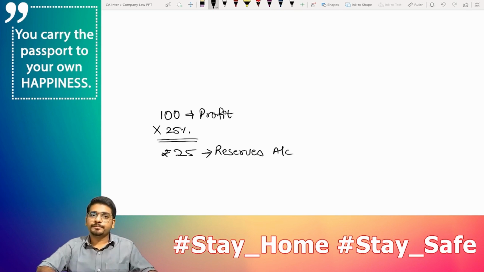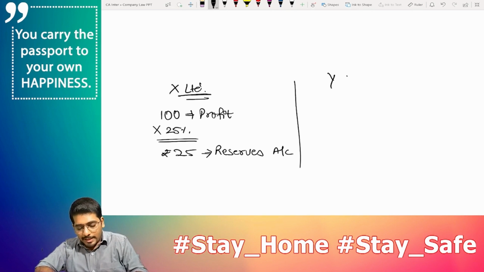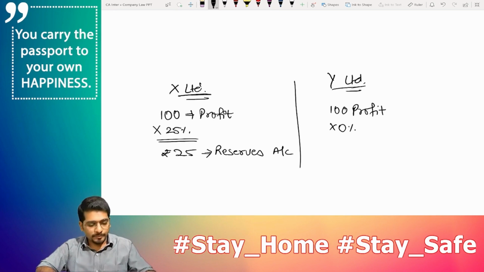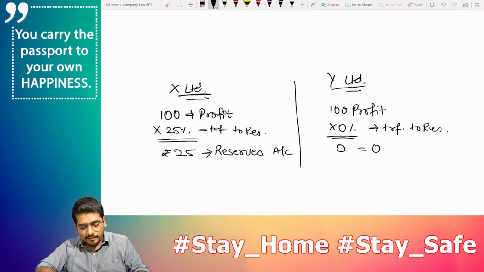This is X limited. And then there is this Y limited who is saying that out of the 100 rupees profit, I want to transfer to reserves 0%. 25% transfer to reserves. 0% transfer to reserves. Therefore, reserves will be 0.